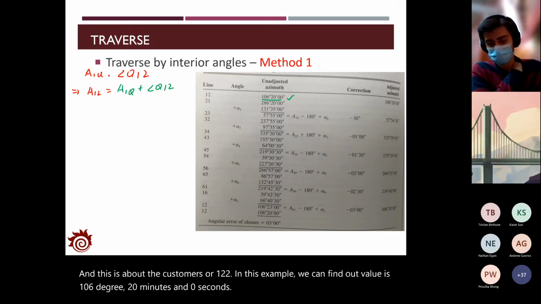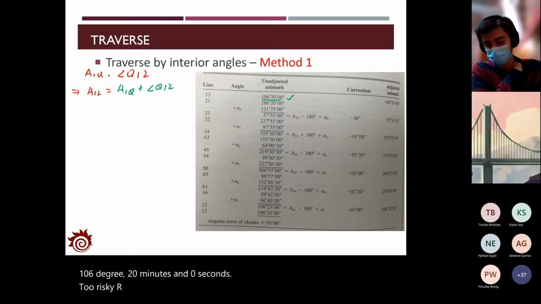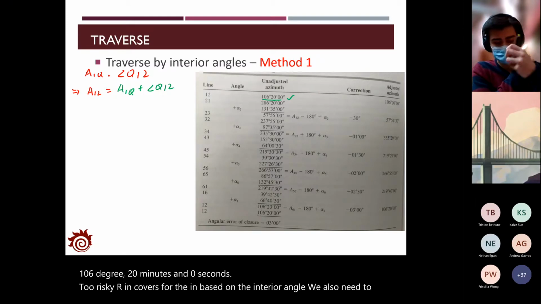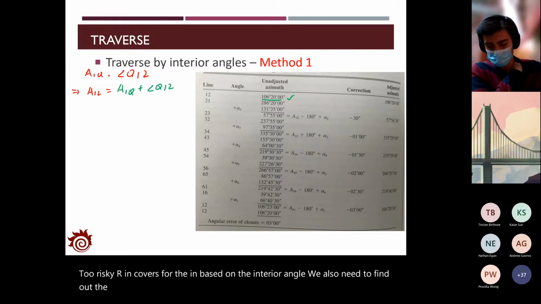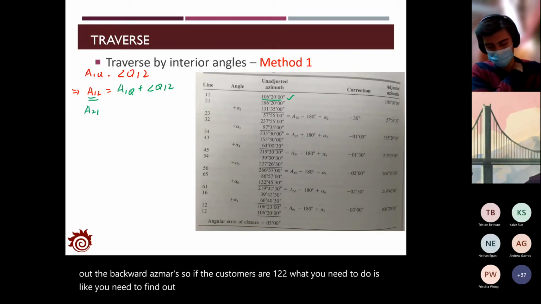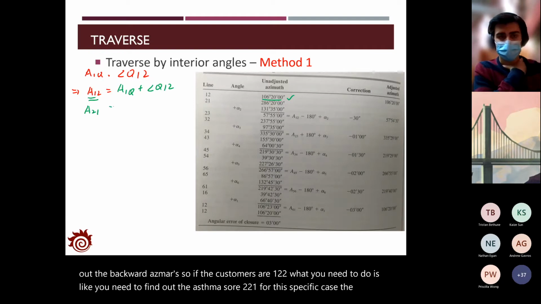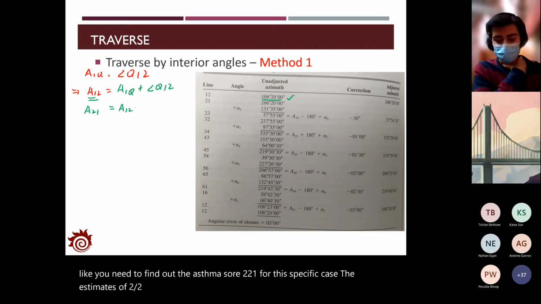With the traverse based on the interior angle, we also need to find out the backward azimuth. So if you know the azimuth of 1 to 2, what you need to do is find out the azimuth of 2 to 1. For this specific case, the azimuth of 2 to 1 equals the azimuth of 1 to 2 plus 180 degrees.